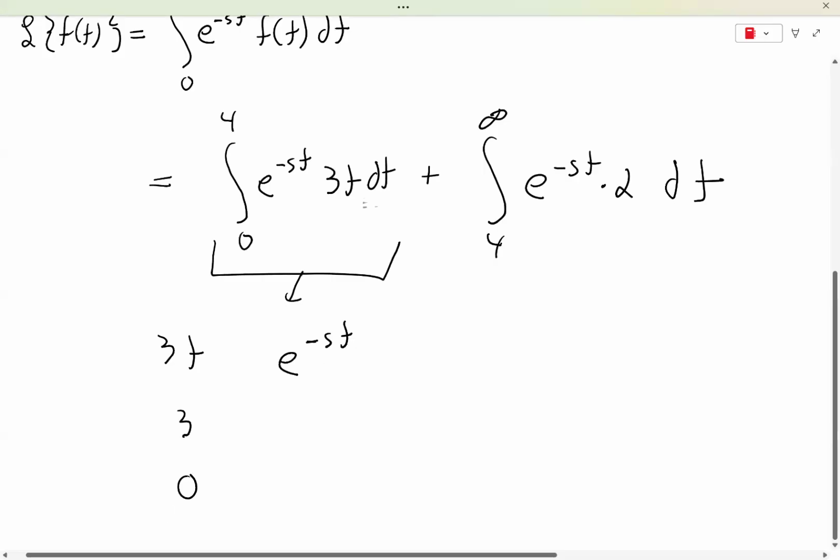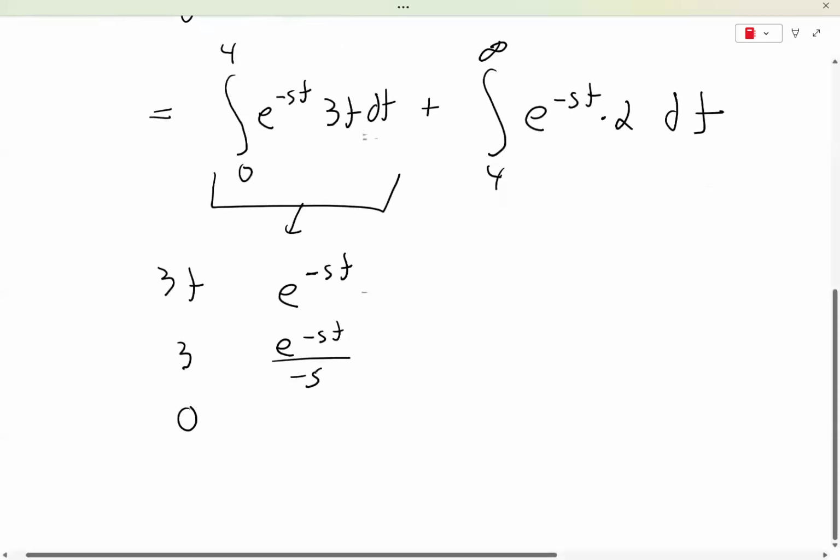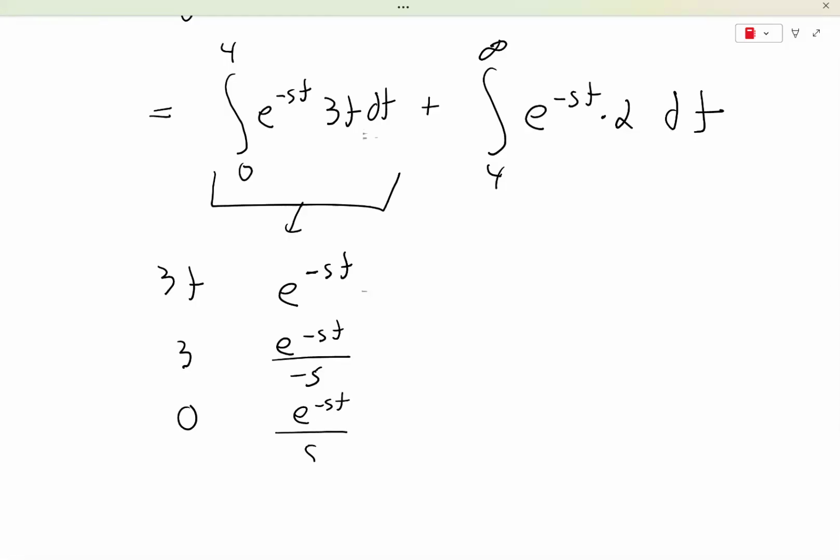And I take antiderivatives with respect to t: you get e to the negative st over negative s. And one more time, you get e to the negative st over s squared, a positive, because you divide by another negative s, so it turns into s squared down there.